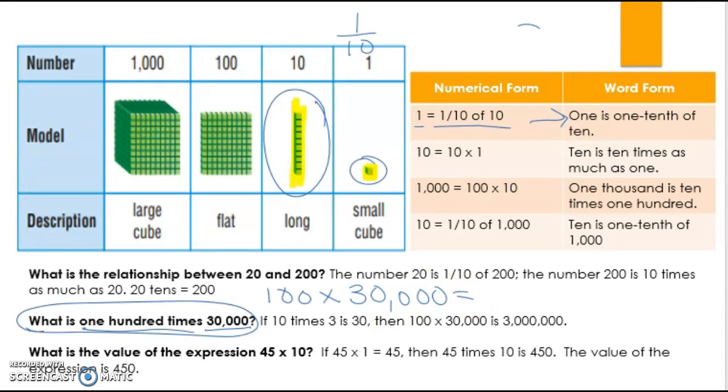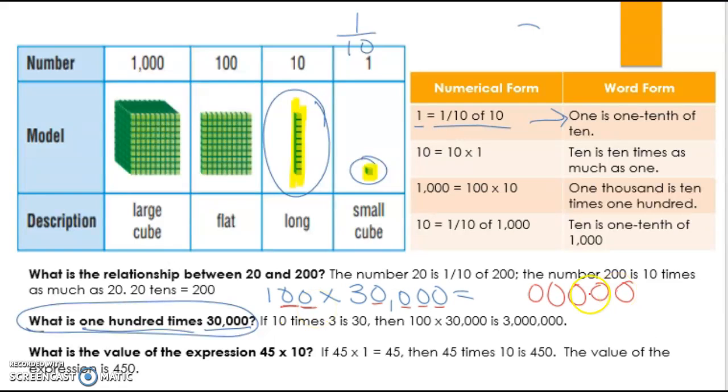Let's look at the number of zeros in these numbers. 100 has 1, 2. 30,000 has 1, 2, 3, 4. We can place all of those zeros on the other side, because they're going to hold the place.